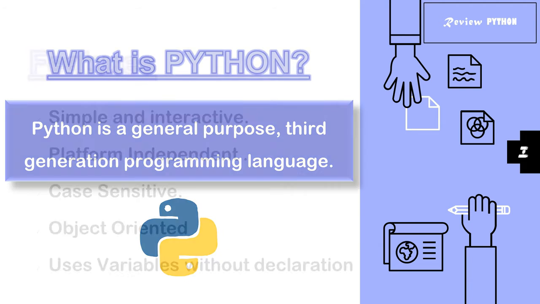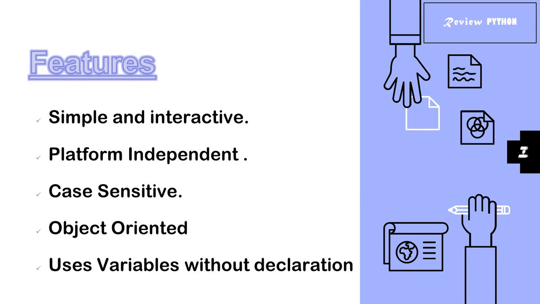Next, what are the various features that make Python very useful? Why are these trending companies like YouTube, Google or Dropbox using Python? The reason is it is simple and interactive, and very platform independent, which means we can use it on Windows, Linux, Android, iOS, Mac, everywhere.